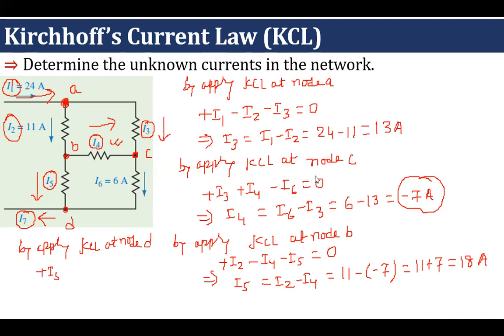So plus I5 plus I6, minus this current is going out, so minus I7 is equal to 0. We have to find out I7, so I7 will be equal to I5 plus I6. What is the value of I5? Just now I got it is 18, and I6 equal to 6. So this is going to be equal to 24 ampere. Okay, so all the current values we got.